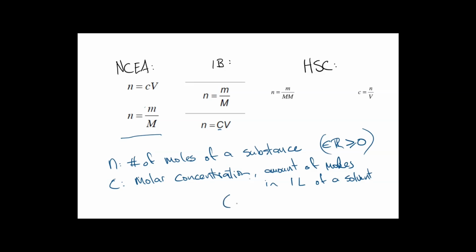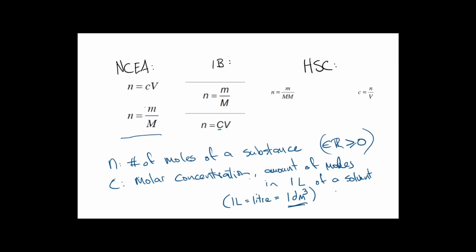So just as a side note, 1 liter, LITRE, if you're in the United Kingdom, pretty much everywhere except for the United States, is equal to 1 decimeter cubed. And I know that the International Baccalaureate wants the decimeter expressed in that way.